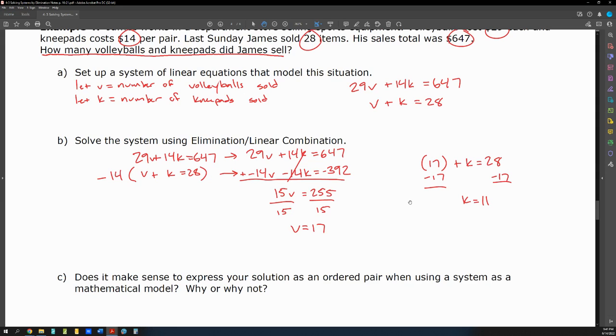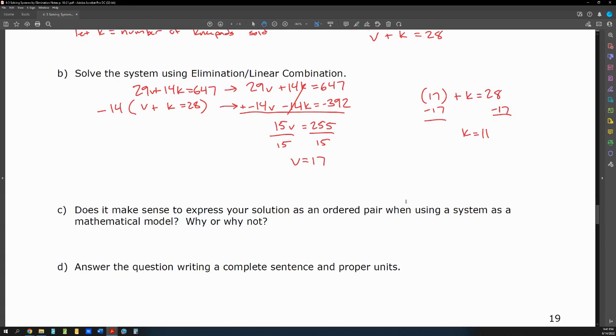Part C, does it make sense to express your solution as an ordered pair when using a system as a mathematical model? Why or why not? In this case, does it make sense? The answer is no, because these equations don't represent a function with a dependent and independent variable. So let's go ahead and write that.